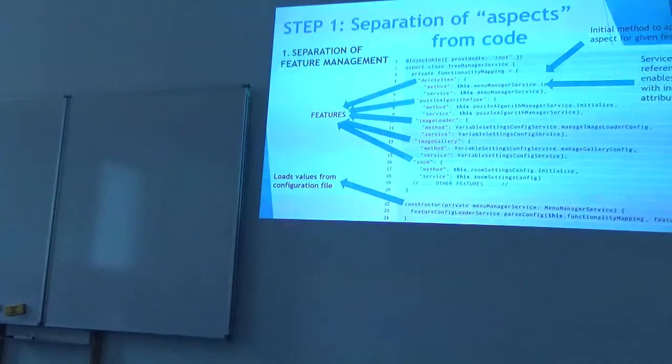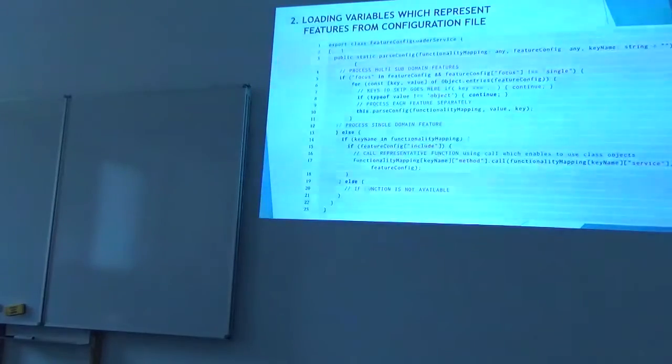And finally, we parse the configuration file because it should be separated from the application, and in this recursion we check if given variables for features are set, if features should be enabled or not, and then call the given method by using the call construct on the method reference with the reference of the given method of the given service.